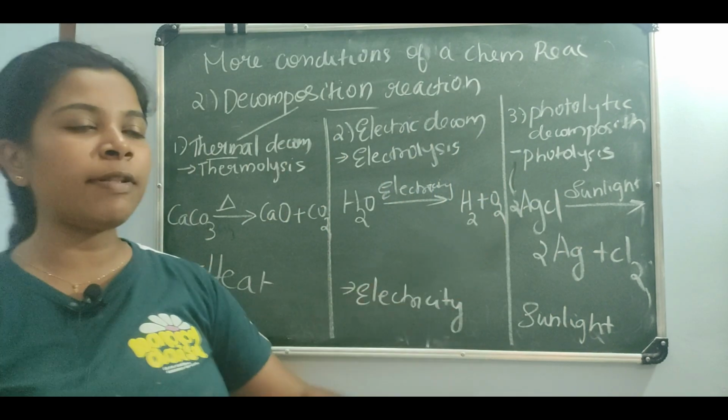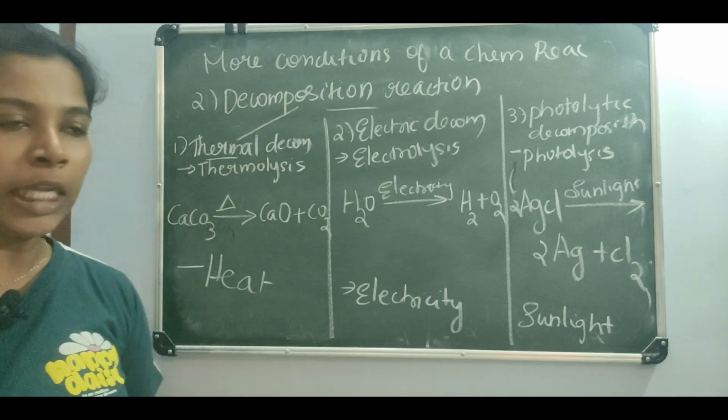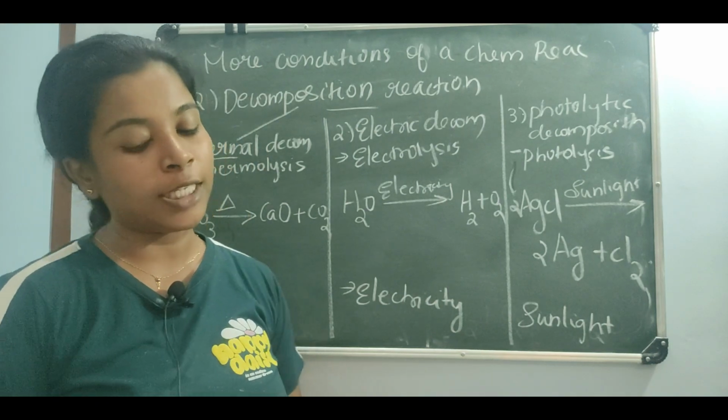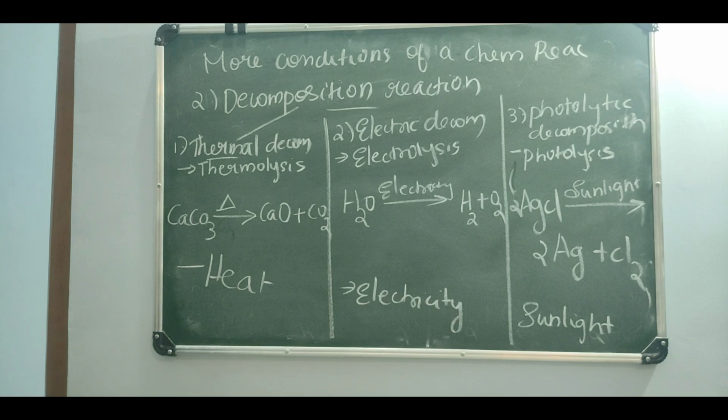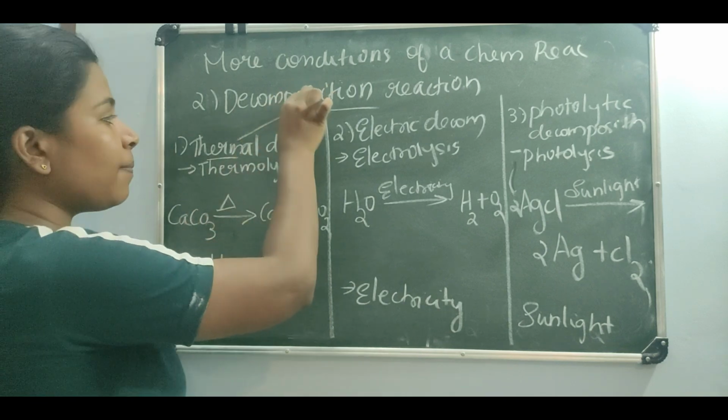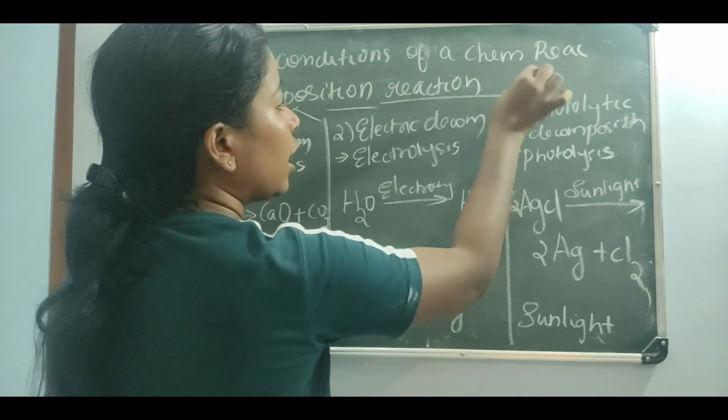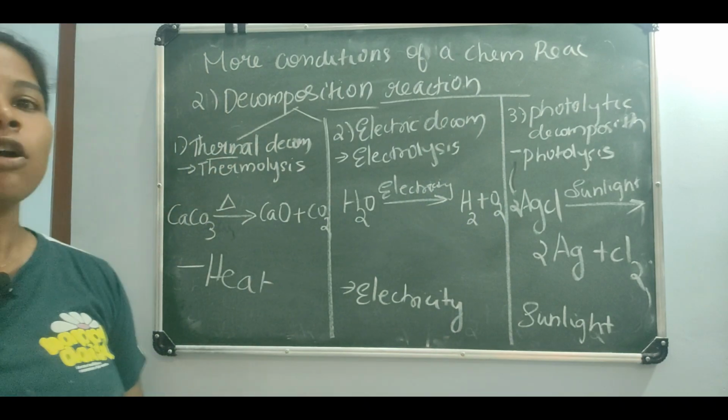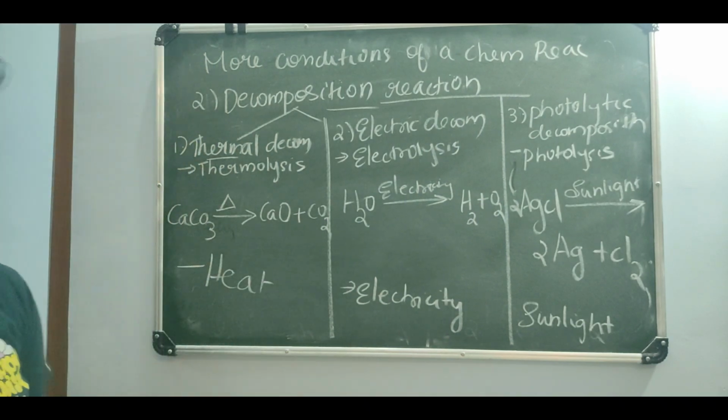This is the example for photochemical decomposition or photolysis. So these are the three different decomposition reactions: thermal decomposition, electric decomposition and photolytic decomposition. Okay, got it?